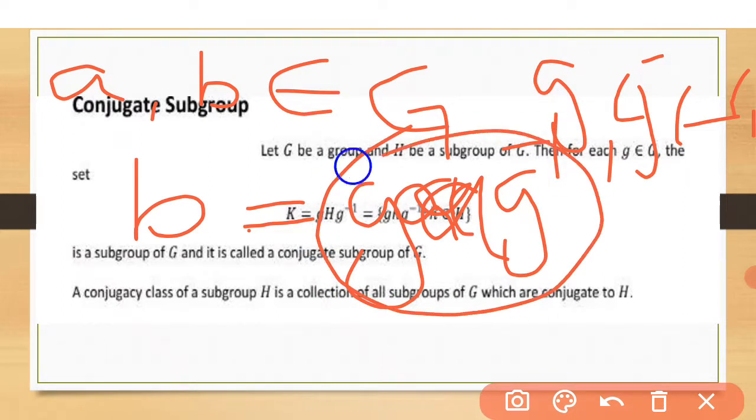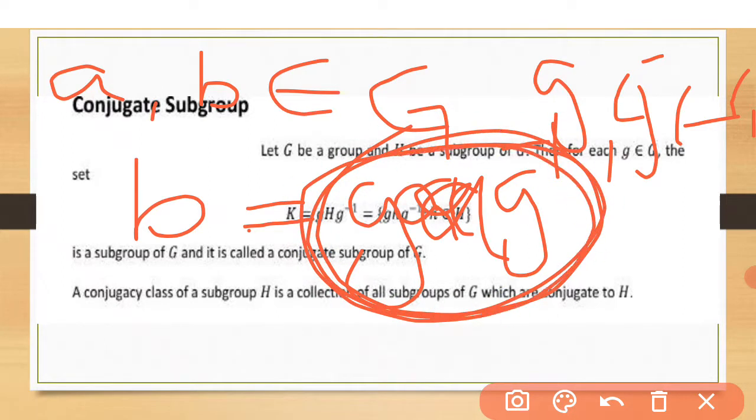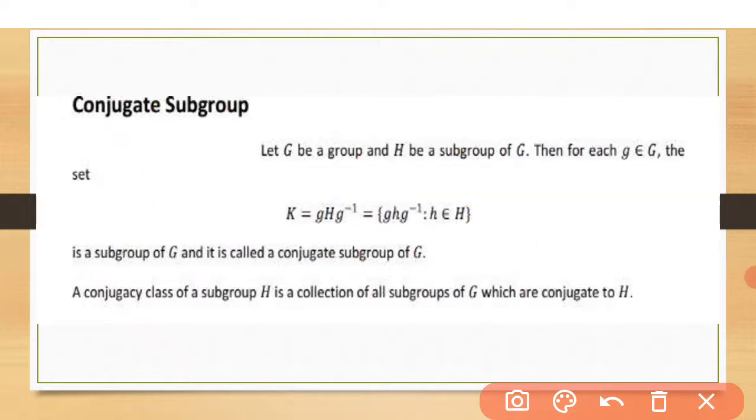Then this combination g a g inverse gives us b, the conjugate. Here a is the conjugate of b and b is the conjugate of a.